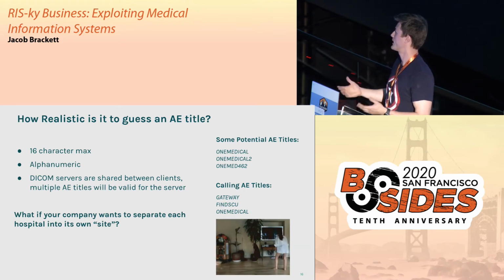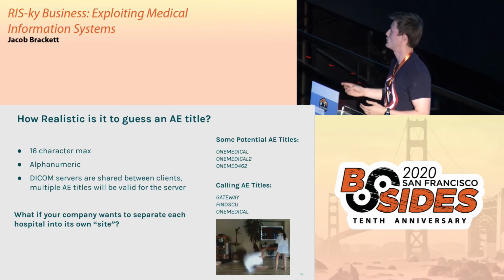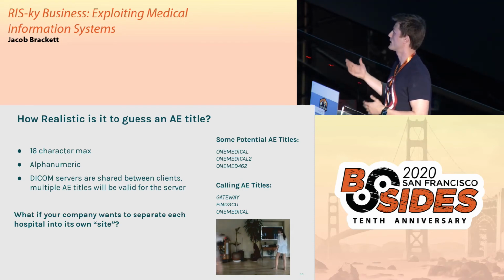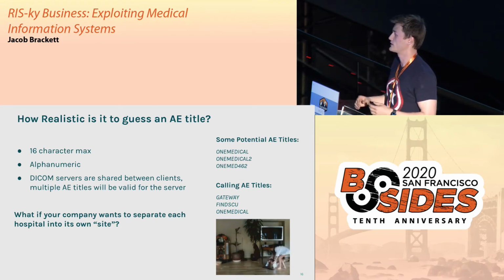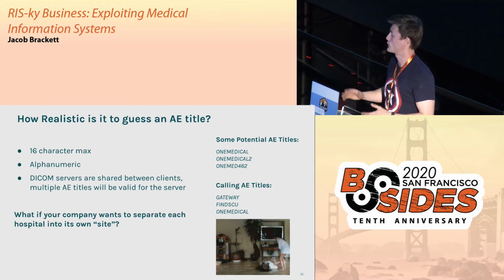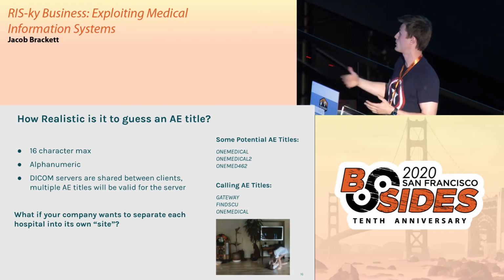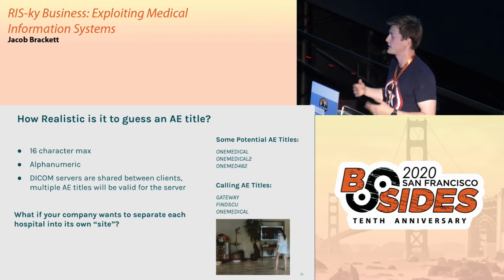Let's say you set up a DICOM server and you have 100 clients that you want to send records to. That server has to route images to the correct place. So what you can do is configure 100 different application entity titles that are all valid for your DICOM server, but route to different clients. So it lowers the attack surface for what you can actually pull from records if you're able to guess one of those.